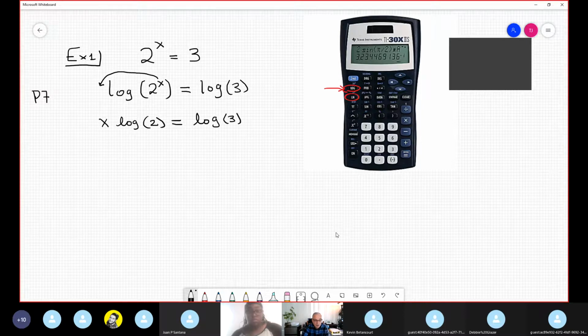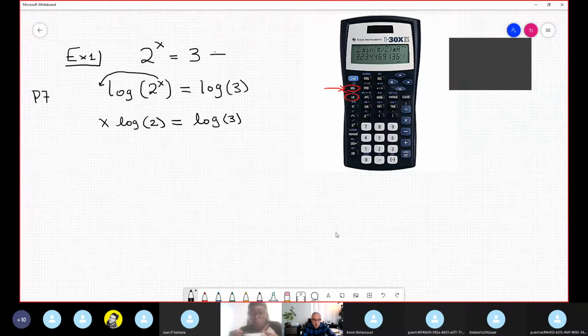This is magic. Look at that, you understand what you're doing. When you apply logarithm, it's like a transformation of the original equation. The original equation is an exponential equation. Now it's converted to a linear equation because this is just a number and this is just a number.